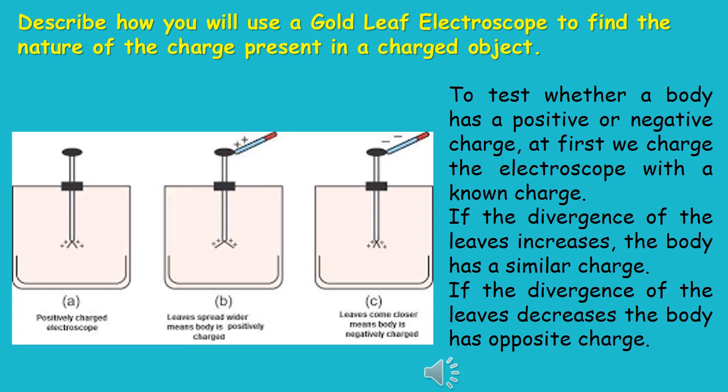If the divergence of the leaves increases when the body is touched with the brass disc, then we can say that the charged body has a similar charge as that of the gold leaf electroscope. But if the divergence of the leaves decreases, then we can conclude that the charged object has the opposite kind of charge as it is contained by the gold leaf electroscope.